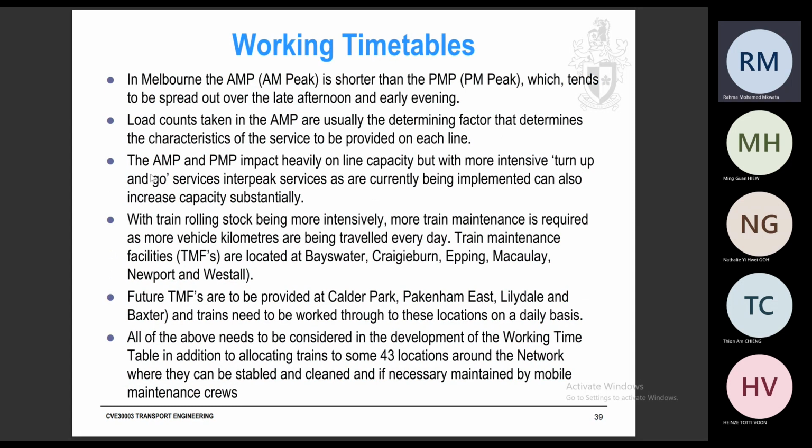So with that, you have to work out the timetables. If you are managing the railway station or railway system, you don't only operate one line, you can have more than one line. So you need to work out some sort of timetable so that we know morning peak hour and evening peak hour can be different.